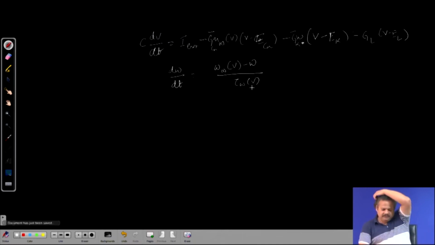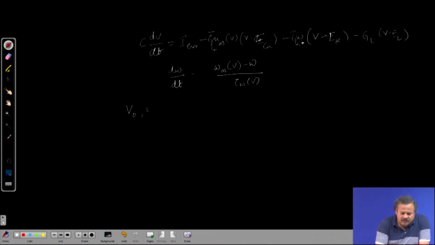So, we have the explicit functional forms of W infinity(V) and tau W(V), and we are saying that if we start the system at V0 and W0, then how the system will evolve in time, or basically the solution to this set of differential equations, can be plotted as either V as a function of W or W as a function of V for the different time points that we are considering.